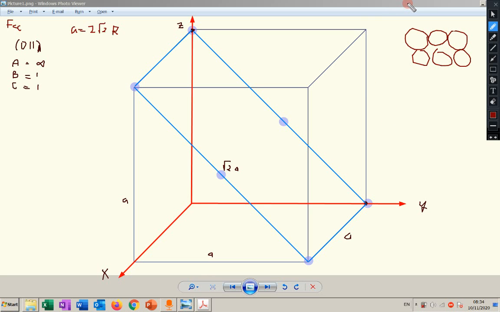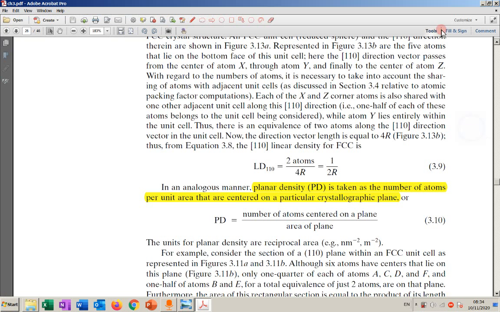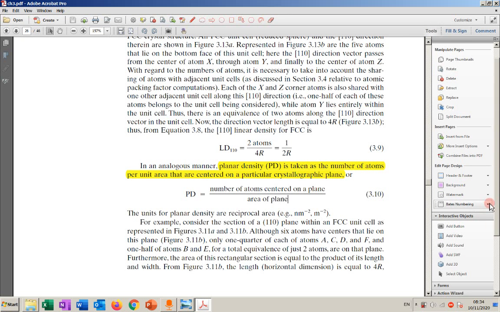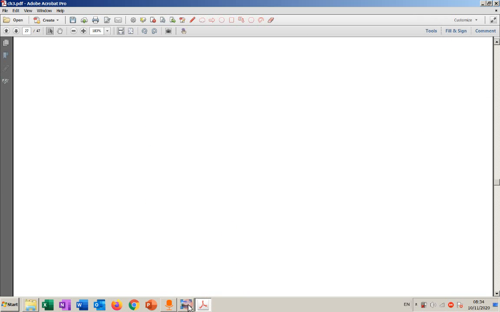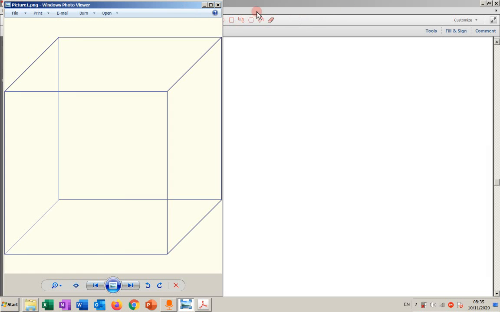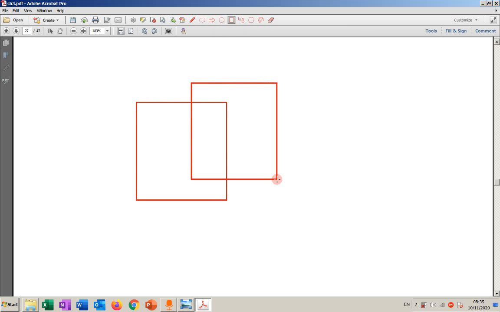I think I'll draw this one somewhere else. Sorry for that, just to make things a bit nicer. I'll try to do it in this manner.